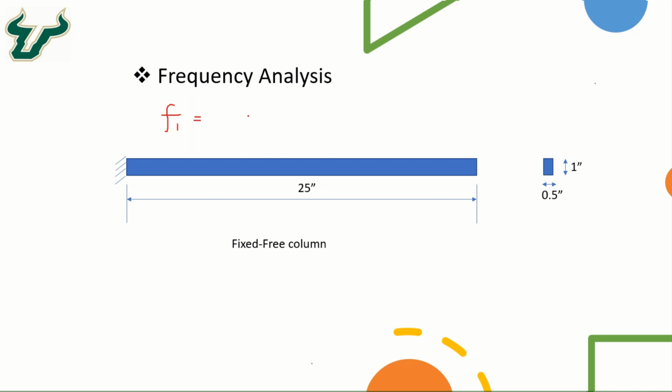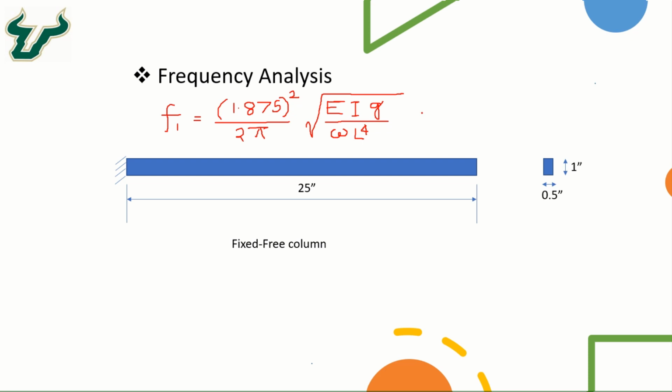The first natural frequency of vibrations is equal to 1.875 squared divided by 2 pi times the square root of E, which is the Young's modulus of elasticity, I is the area moment of inertia, G the gravity, then W, which is the mass per unit length, times L to the power 4.